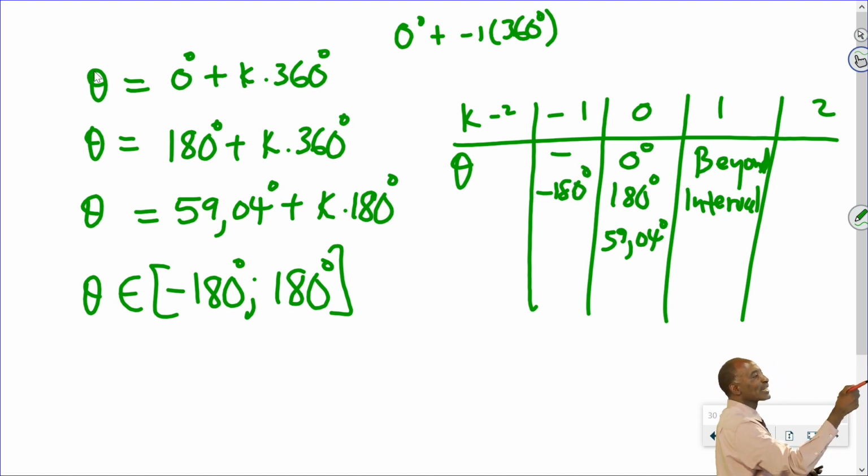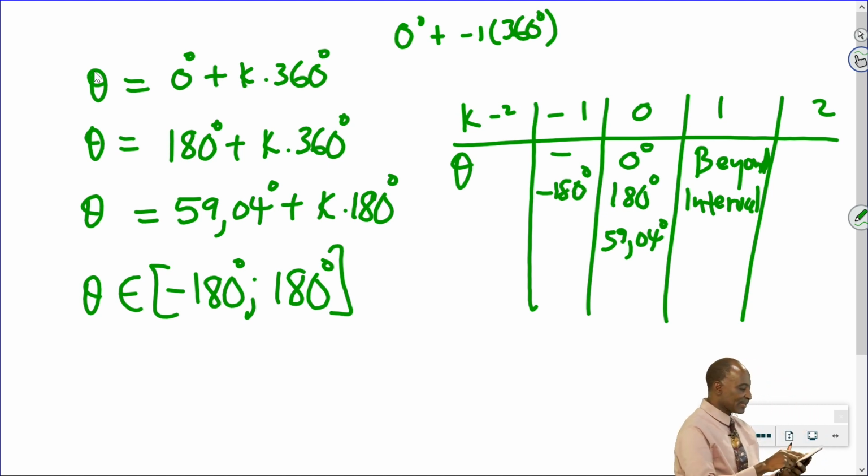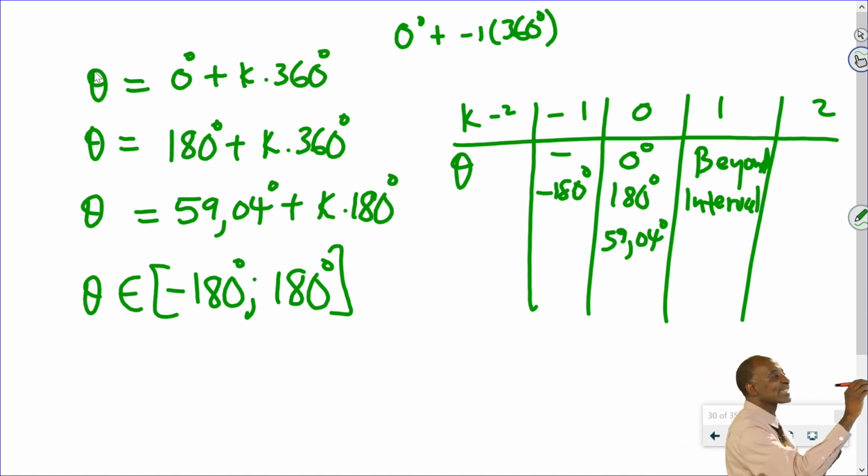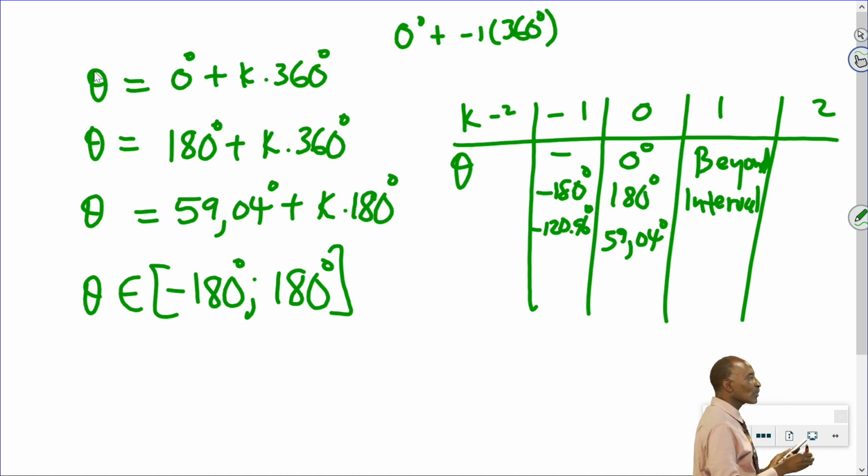For the next one, when k is -1, I get 59.04 minus 180 degrees, which gives us -120.96 degrees, and that is in. Then when k is -2, they are out.